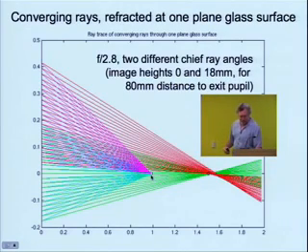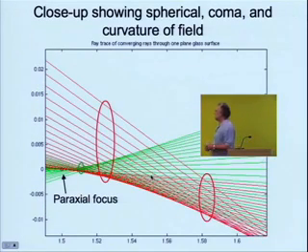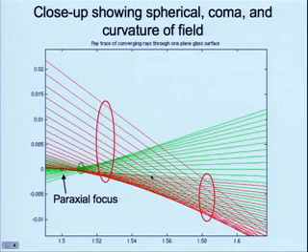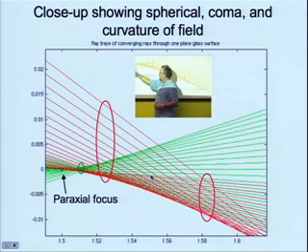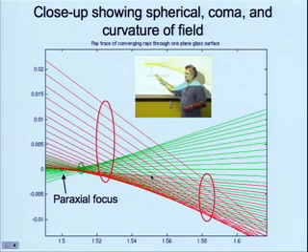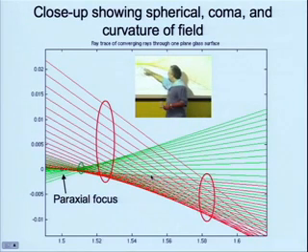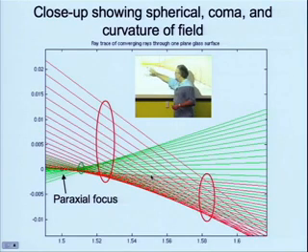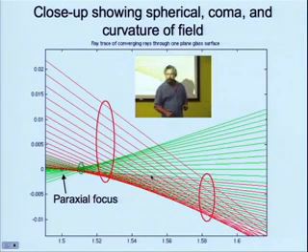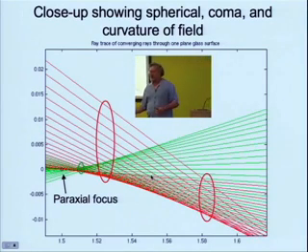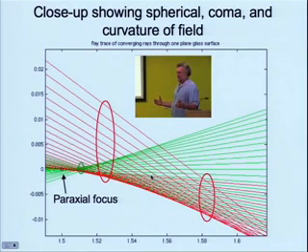If you zoom in on where those refracted rays are supposed to converge, the rays that are very close to the axis converge here, the paraxial focus. That's the point that was just moved back by a factor of refractive index from where the other focus was. But a lot of those rays miss that point. Those green rays are actually making a smallest bundle back here somewhere. So the focus moves further back for rays from the outer zones of the lens, and it's closer in for rays from the inner zones of the lens.